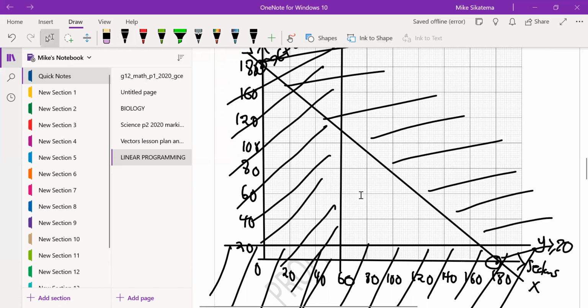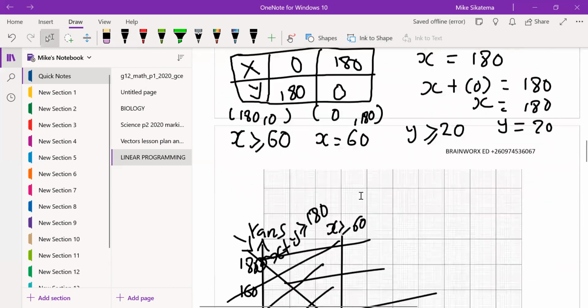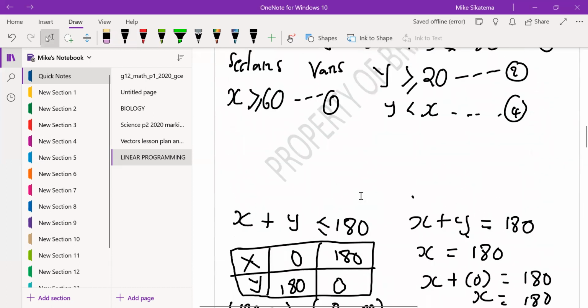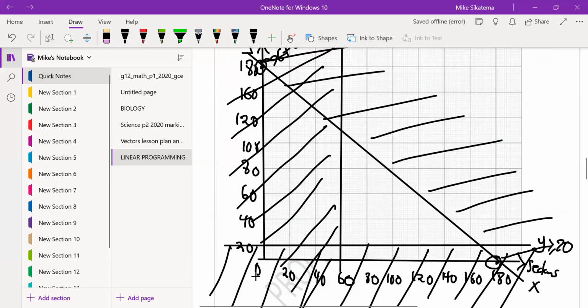Great. So our last equation is y is less than x. So we're plotting this line, y equals x. I showed you how to plot this line. This line cuts the y-axis like that.